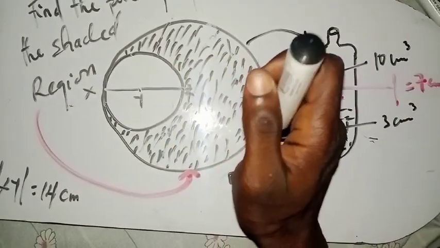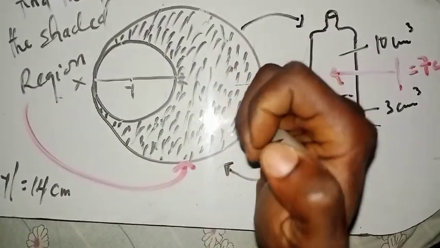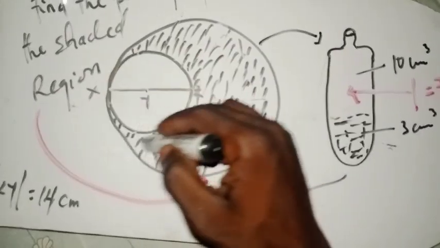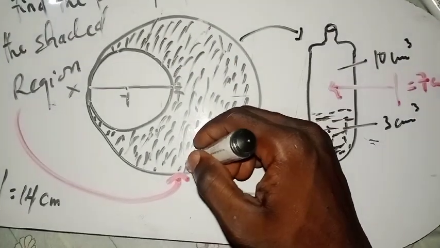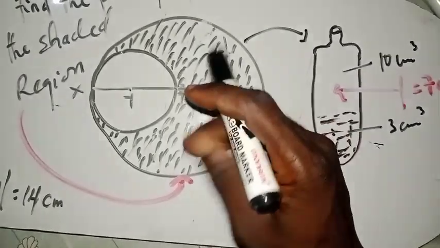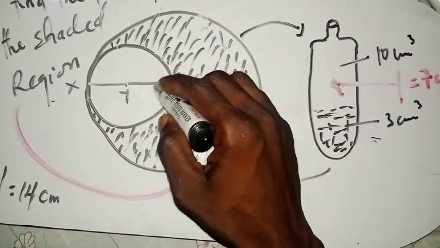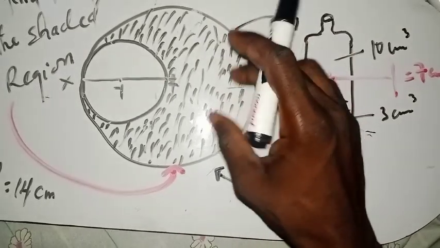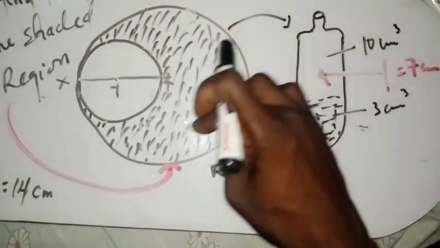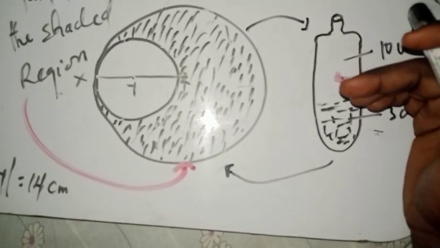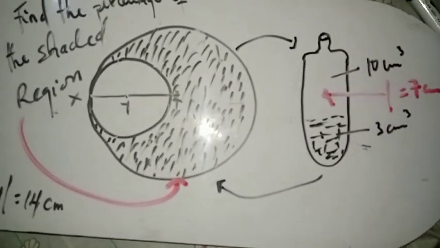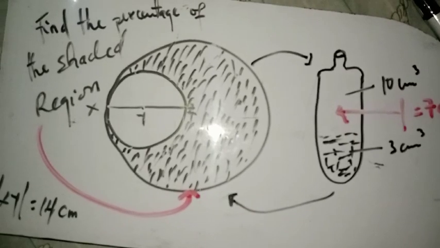So first of all, you have to find the area of the small circle, and then you find the area of the bigger circle. Then all that you do is subtract the smaller one from the bigger one to know the area of the shaded portion before you find the percentage of that. So how do you do that? Let's see how we can solve that.